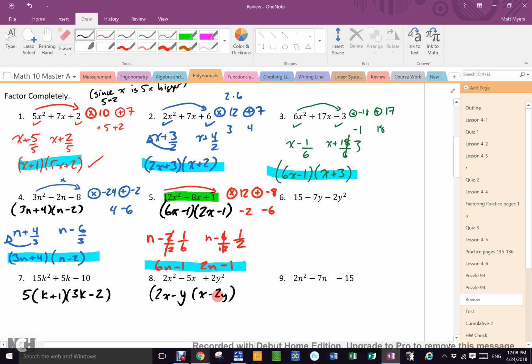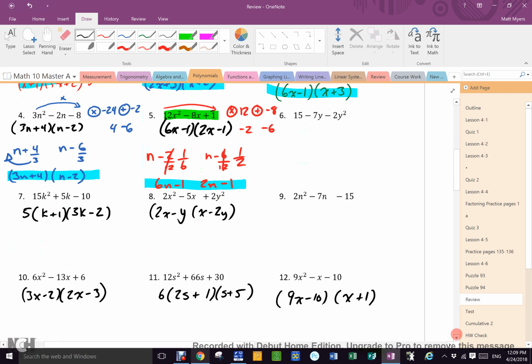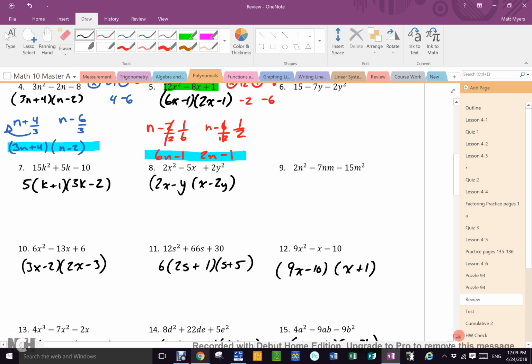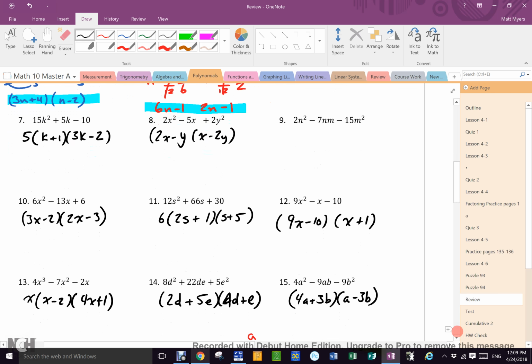Okay. Number 9 has disappeared because of the m, but that's just because of what we were talking about. We know how to do it. There is 10 through 15.